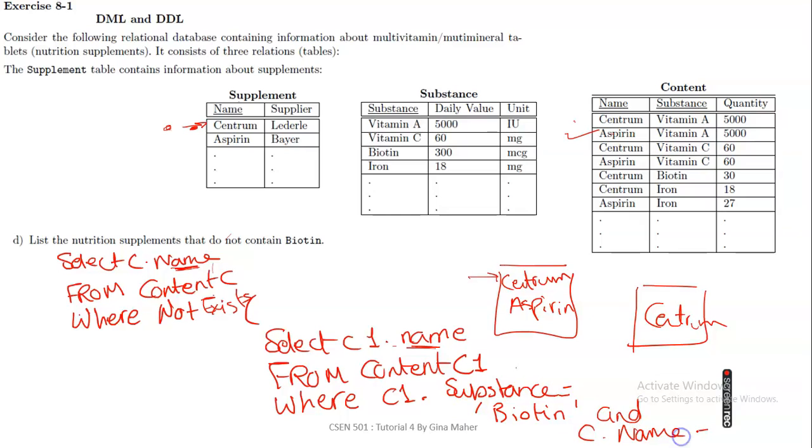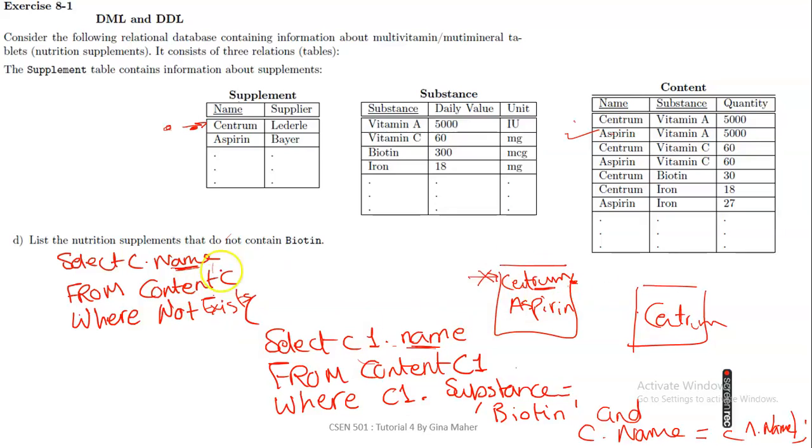c.name equals c1.name. We want to check that whenever we have a content, and this content has biotin, it will never have the same name as this one. So what actually happened? We get this name, this query.